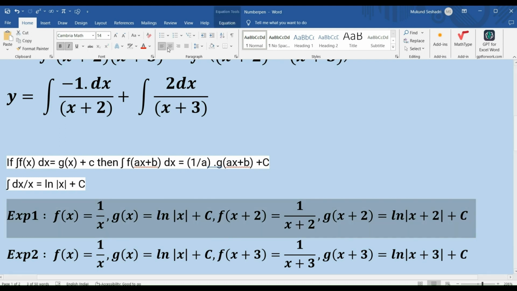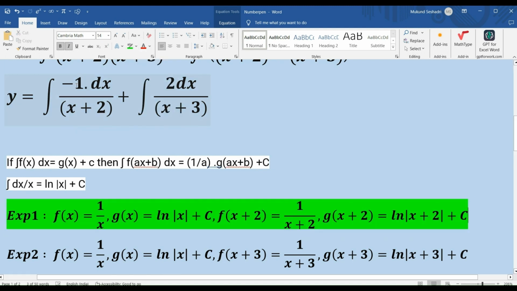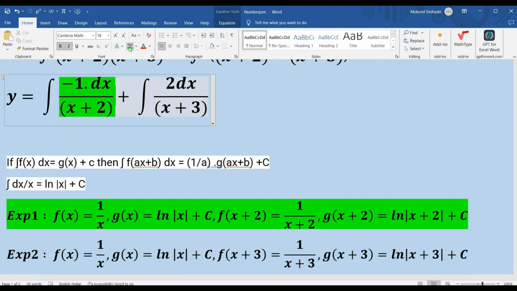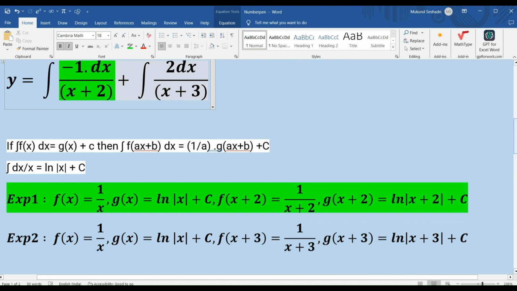So this is for expression 1, and I'm going to highlight this in green. And similarly, let's go to our y and highlight the first expression in green. And when I come to the second expression, we have a very similar expression, except that in place of x, I have x plus 3 this time.